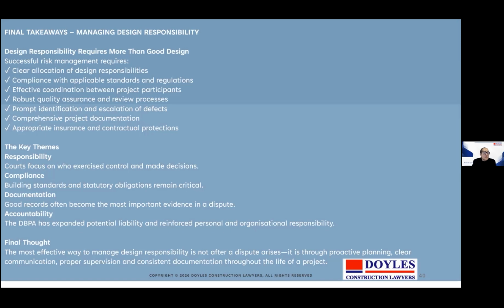The key themes are responsibility, that is, the court's focus on who exercised control and made decisions; compliance, building standards and statutory obligations remain critical; documentation, good records often become the most important evidence in a dispute; and accountability. The DBPA has expanded potential liability and reinforced personal and organisational responsibility.